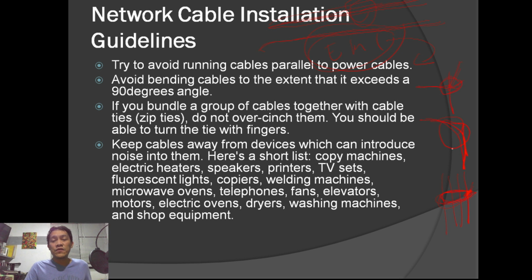Keep your cables away from those devices because, just like with power cables, those devices sometimes produce RFI, or radio frequency interference. Most of these devices produce RFI. That may have an effect on your data transmission. So as much as possible, yung cable nyo daw ilayo nyo from those devices.